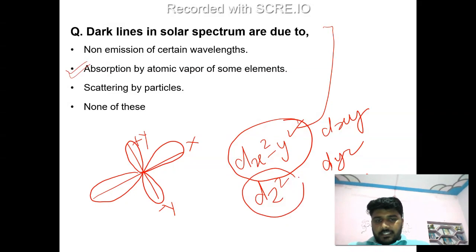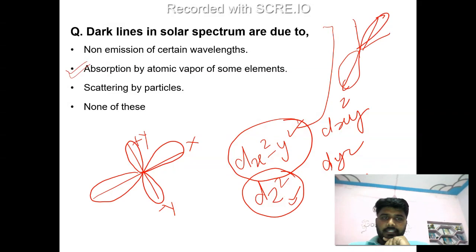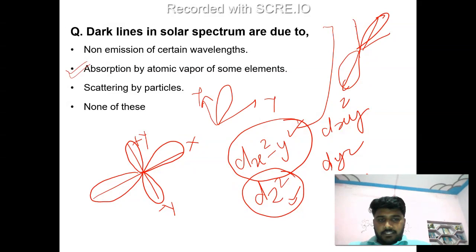Similarly, dz is positive and negative along the z axis. And dxy lies in between the axes, right? Similarly dyz and dzx. So magnetic quantum numbers basically give us the information of orientation.